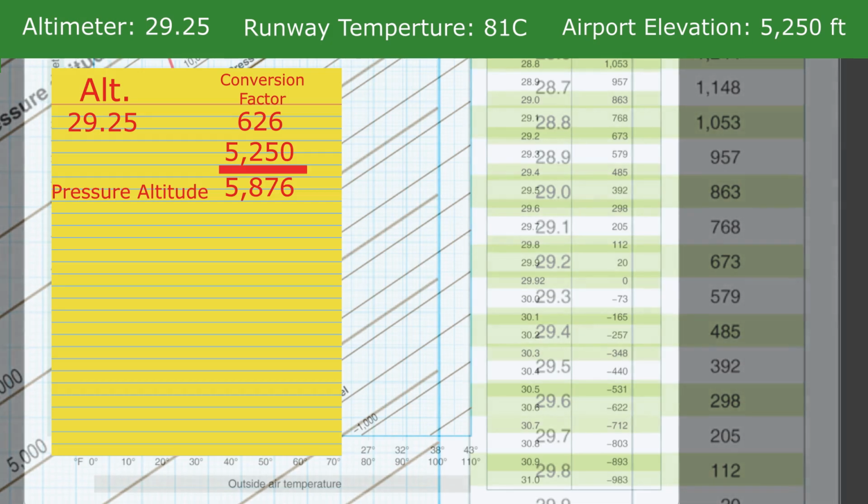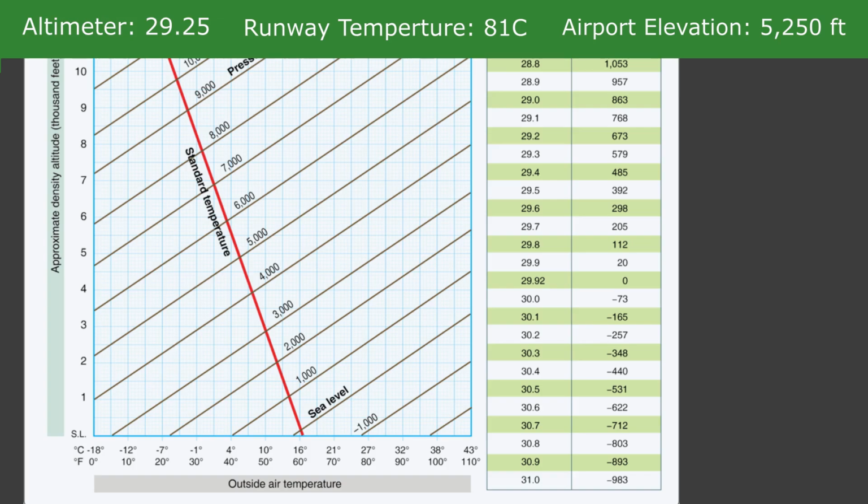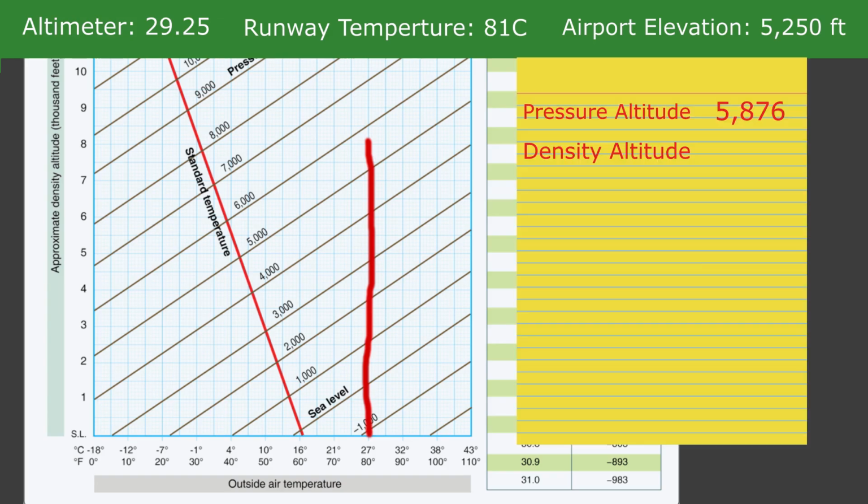Now you can start finding your density altitude by the same means as the previous problem. We'll use the runway temperature of 81 degrees Fahrenheit. We'll go to the bottom of the graph and find that. Trace the line up till we intersect with a pressure altitude of 5,876.